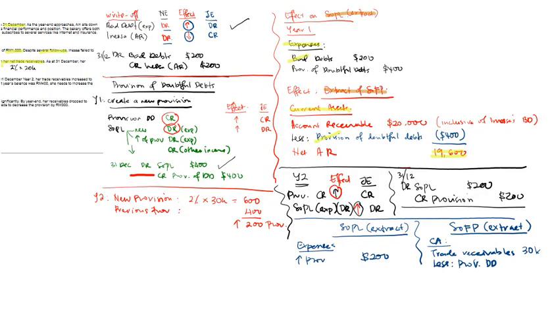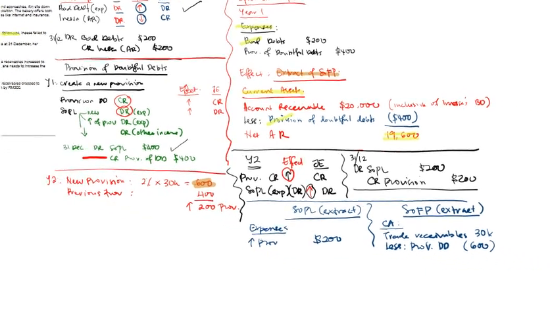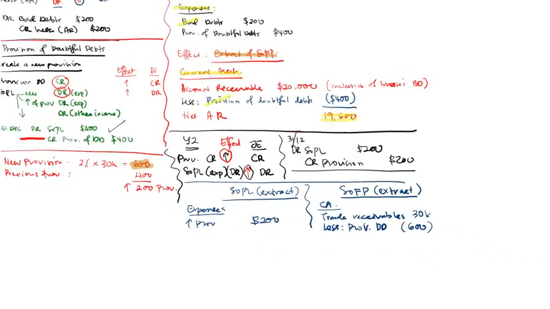Do not take the difference, but take the latest provision, which is 600. So your net receivables will be 29,400. This is for year 2.